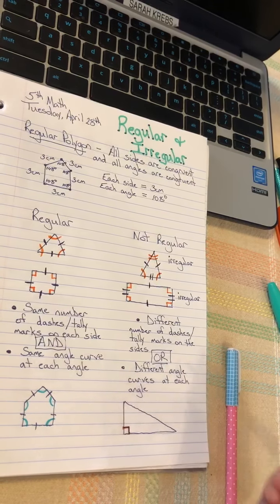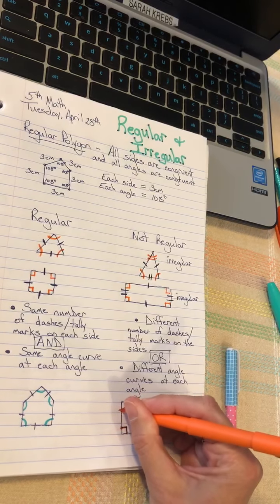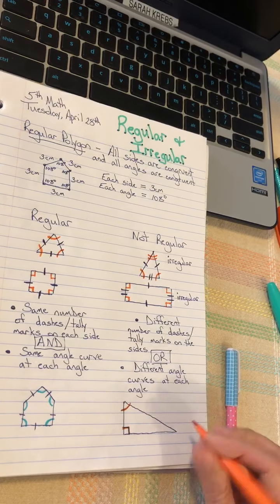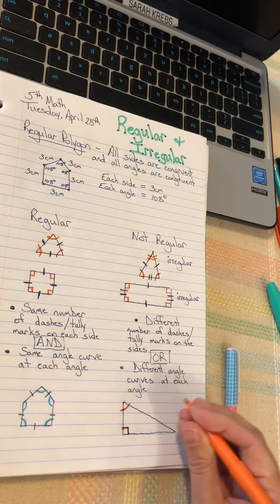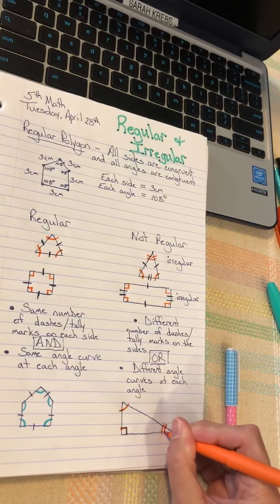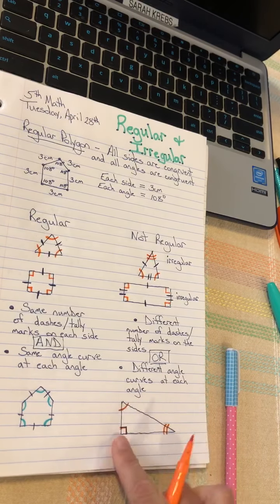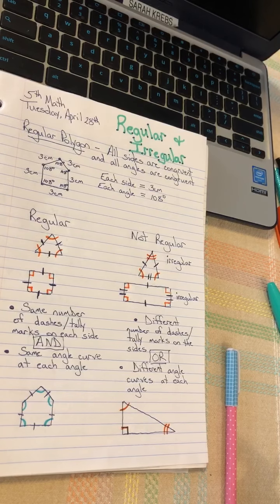This one is 90. I'm going to put this arch in here. And down here, this angle, which is very small, I'm going to give it 2 arches. So right away we can see that all 3 angles are not the same measure. So right away we know this is irregular.